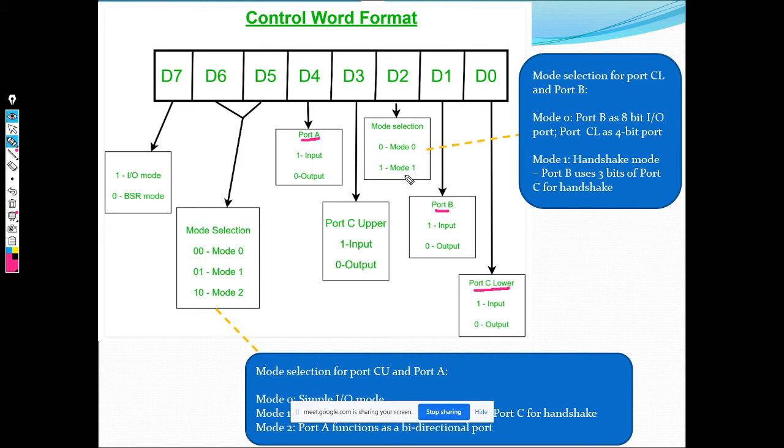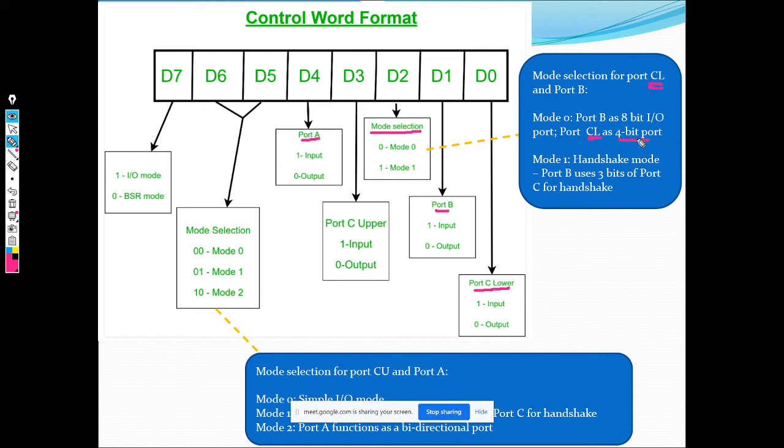Then you also have this D2 here. D2 is a mode selection, and this is mode selection for CL. Assuming that you are going to take CL, you're going to select CL mode. Then you have two different modes here, either 0 or 1. 0 means port B will be an 8-bit IO port, and port CL will act as a 4-bit port, like we saw earlier.